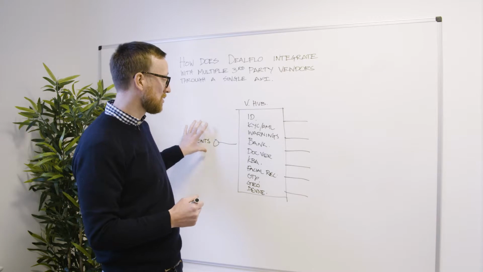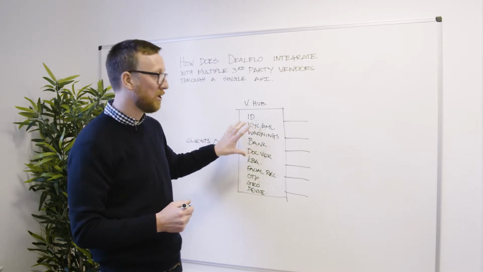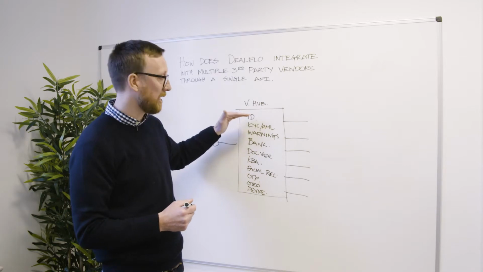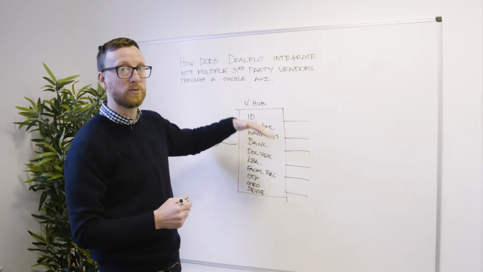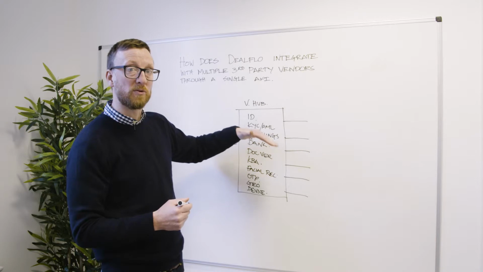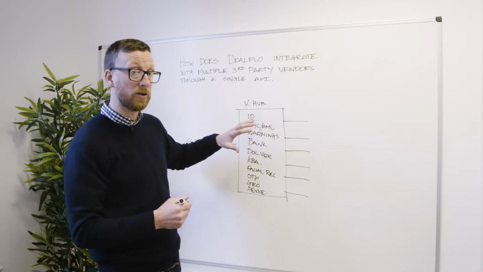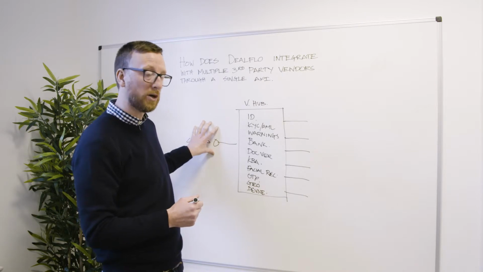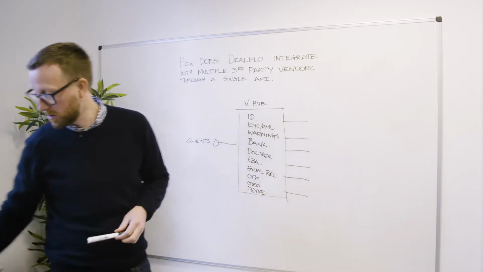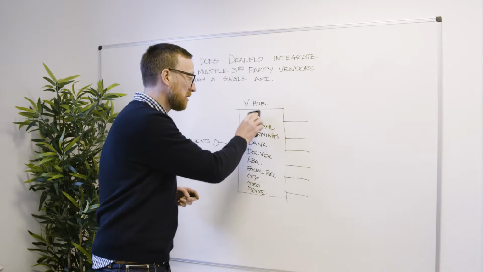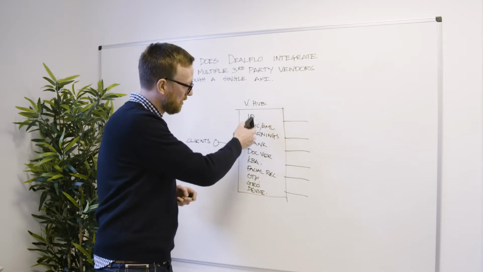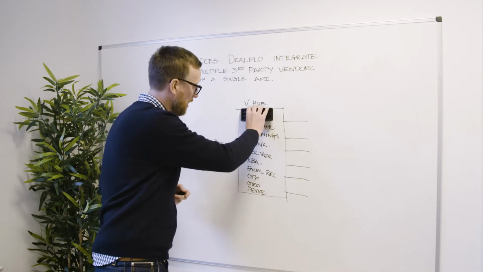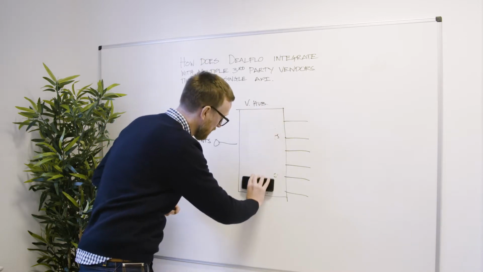A client doesn't want to have to reintegrate with Dealflo if they're using one particular bureau to serve their ID check, or if they want to swap to another bureau to provide that ID check or have failover. How does this single integration work? Well, we'll just take a quick look at that, but we'll do it in the context of ID. But just to be clear, the same concept applies to any of the features that we've described here.